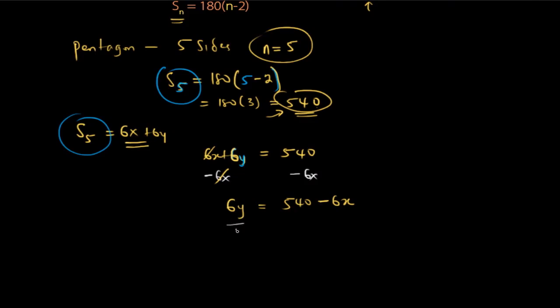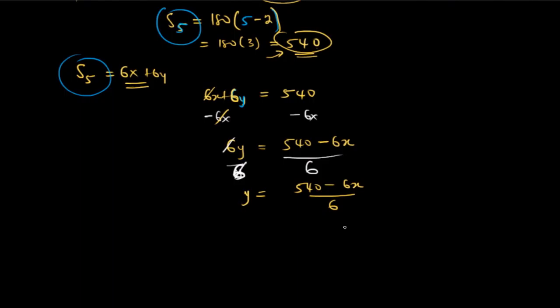So you have y equals (540 minus 6x) divided by 6.